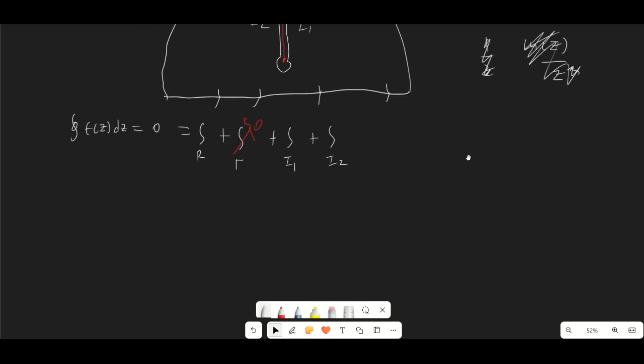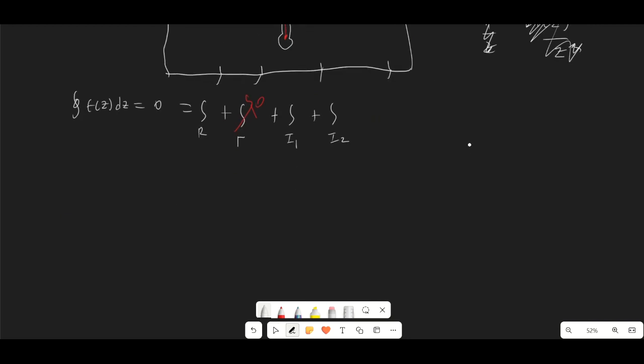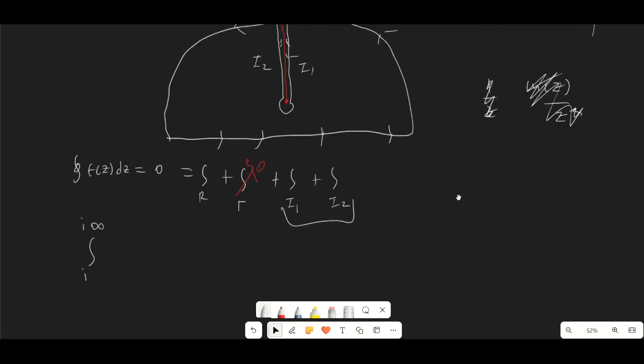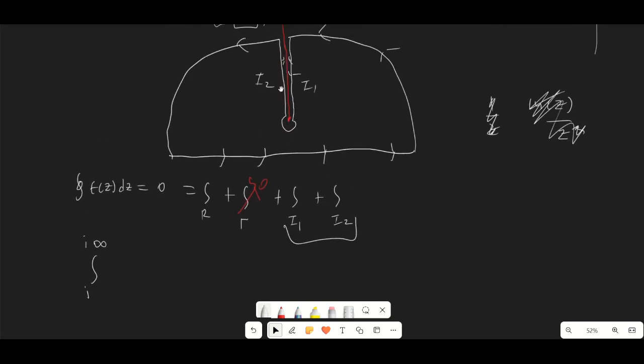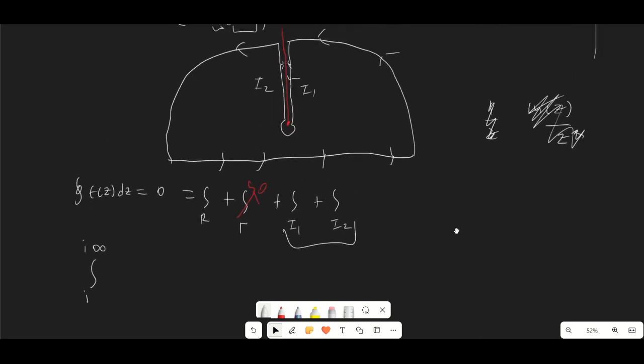So what this means is essentially when we have these two integrals added together, we're going to have the integral from I to I infinity. Now this is the left integral right here. This is I2, integral from I to I infinity. Now remember the argument is going to be negative pi here.